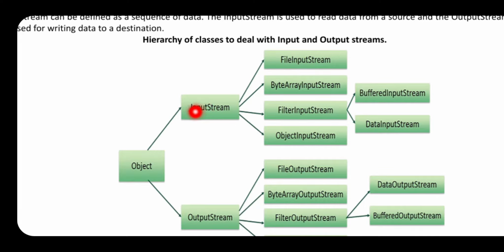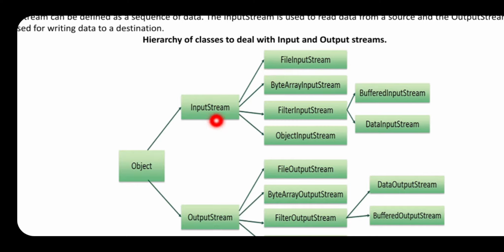Input stream can be defined with file input stream, byte array input stream, and filter input stream, which can be defined as buffered input stream and data input stream, and object input stream. These are the different subclasses present within the input stream, meaning how you can read different values through different sets of classes. Here you are going to call them what?